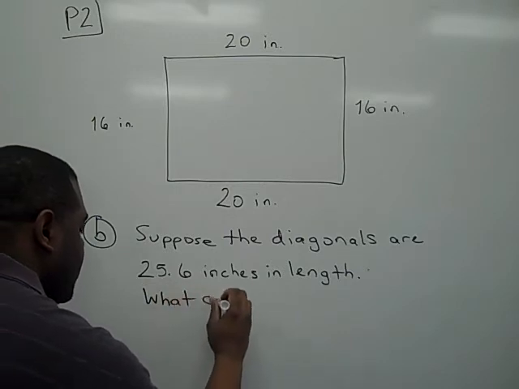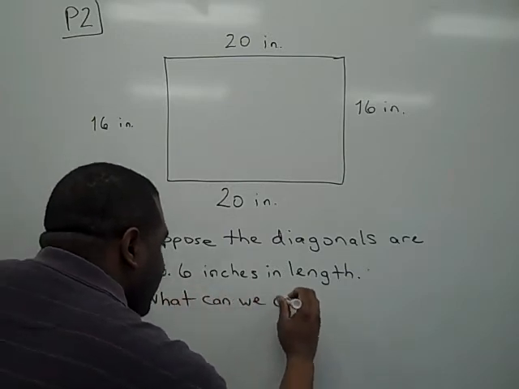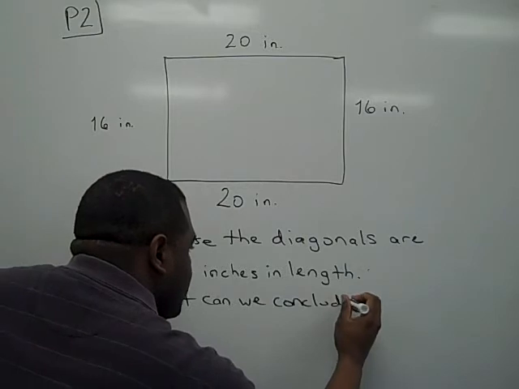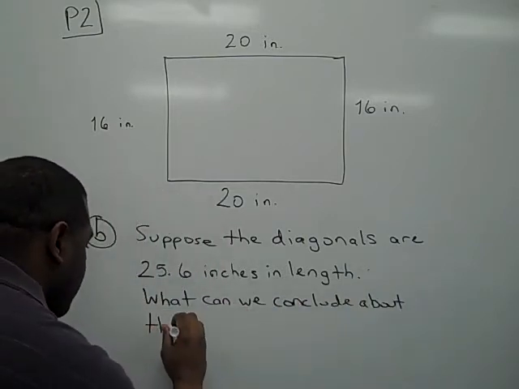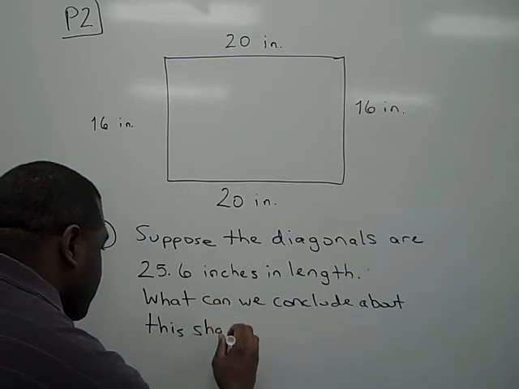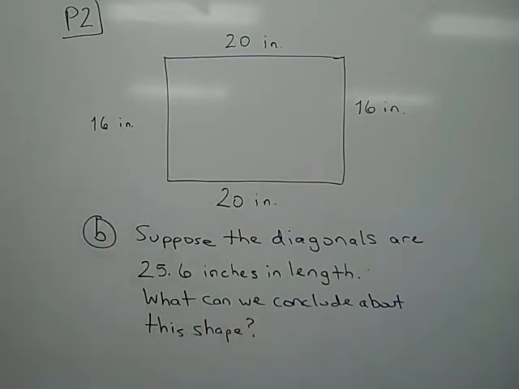What can we conclude about this shape? So suppose the diagonals are 25.6 inches in length. What can we conclude about this shape?